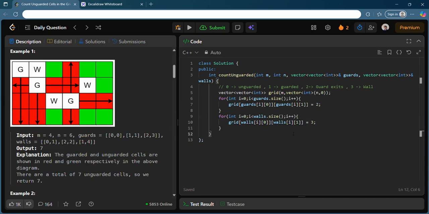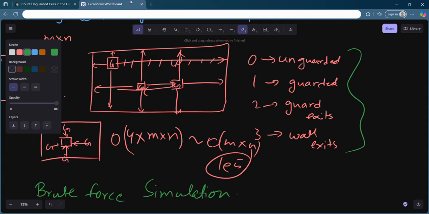So 2 and 3 are marked, and I need to mark the ones which will be converted from 0 to 1. So from green to red I need to just convert those cells. So for that I can iterate through all the guards and simply cover it up. So I will just go through all the guards, so I will have guards dot size, and after that I can go in these 4 directions.